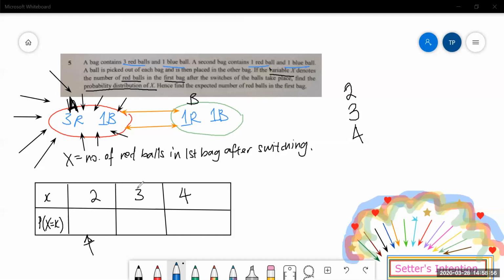You know this probability of X equals to x, right? Is it 2, or do I need to times the number? Is it 1, or is it 1 over something?